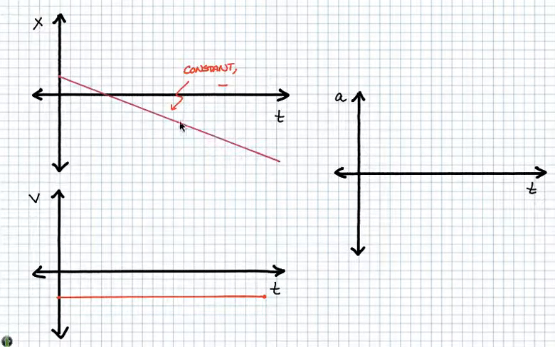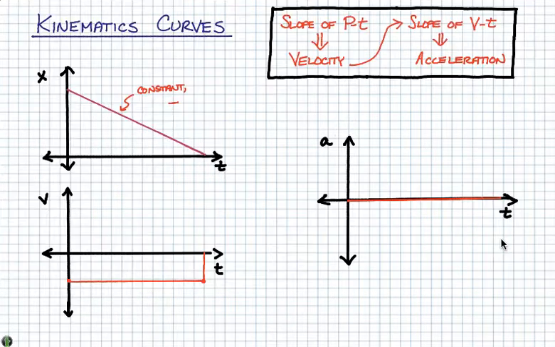If we were to draw this in, it should look something like this. Constant negative slope means constant, not changing. If it was changing, we'd have a change in the y variable. Constant negative, below the origin, constant negative velocity. Now, if we want to figure out our acceleration, acceleration comes from the slope of a velocity time graph.